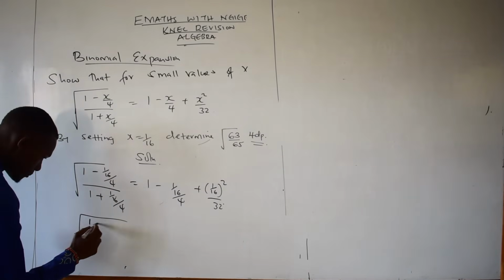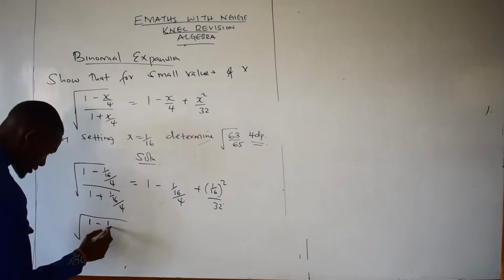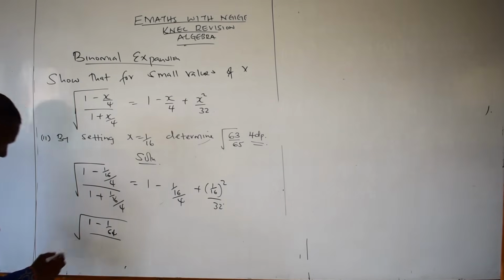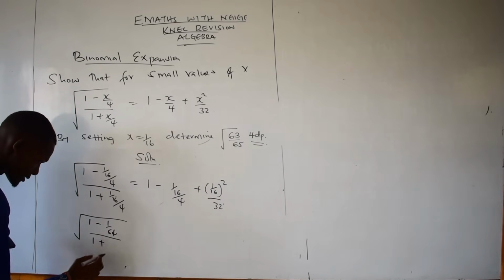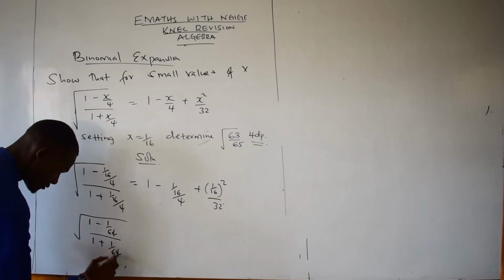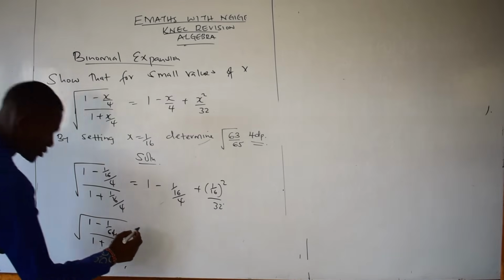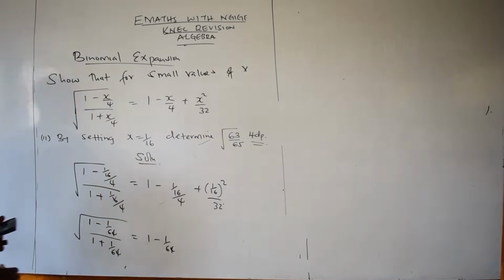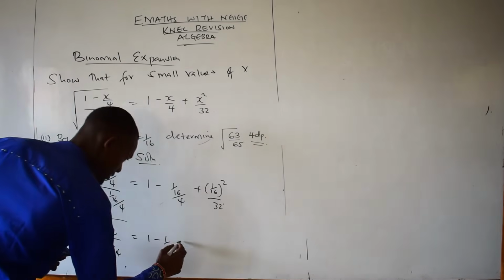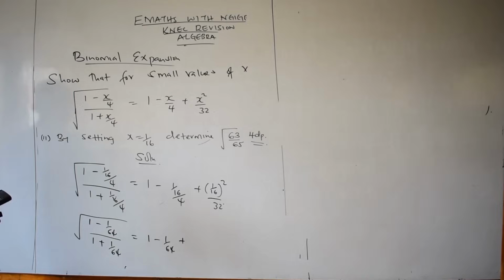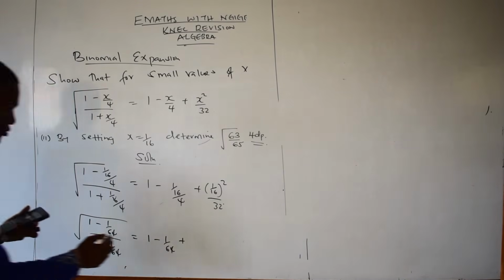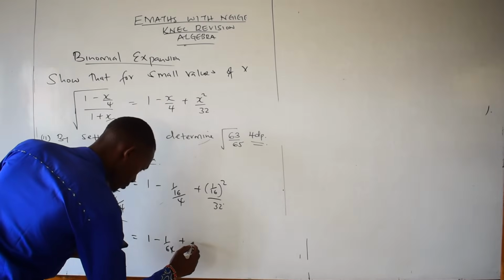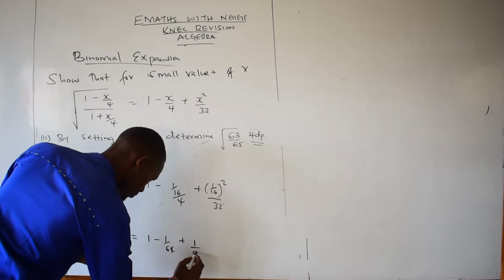So 1 minus 1 over 64 over 1 plus 1 over 64 equals 1 minus 1 over 64. Then plus, what is 16 squared? So 16 squared gives you 256, then you multiply by 32, which gives you 1 over 8192.